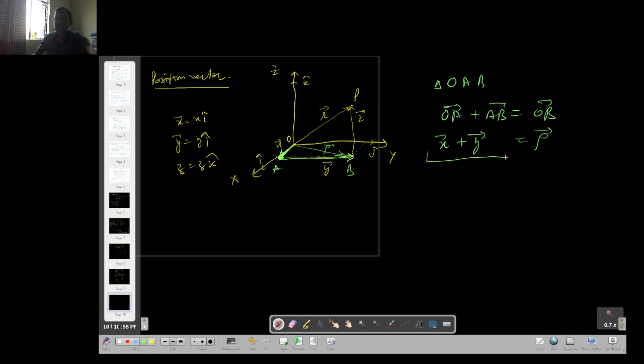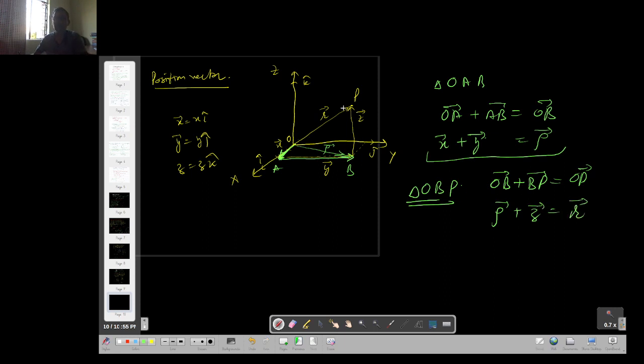But I am at point P. So considering the triangle OBP, OB vector plus BP vector is equal to OP vector. That is, rho vector plus z vector equals R vector.